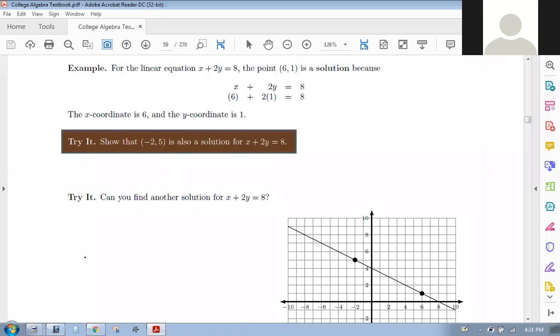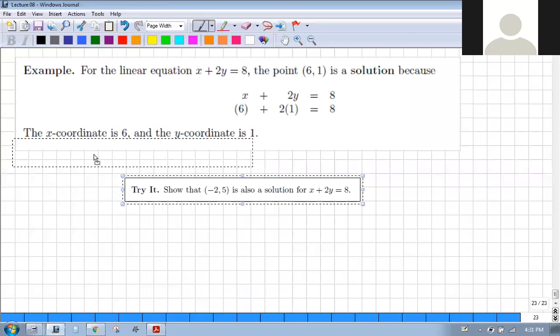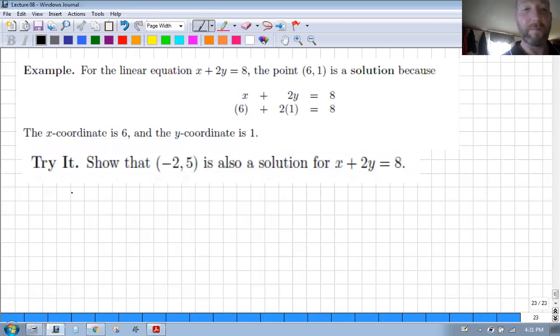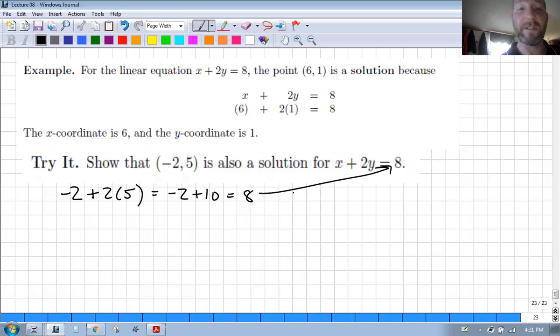So here's another one. Show that -2, 5 is also a solution. If I plug a -2 in for the x and a 5 for the y, I get 8, which is the other side of the equation. So we know 6,1 is a solution. We know -2, 5 is a solution.